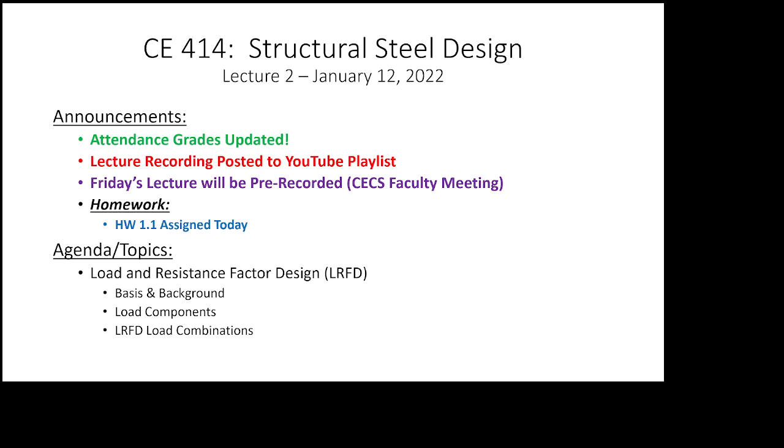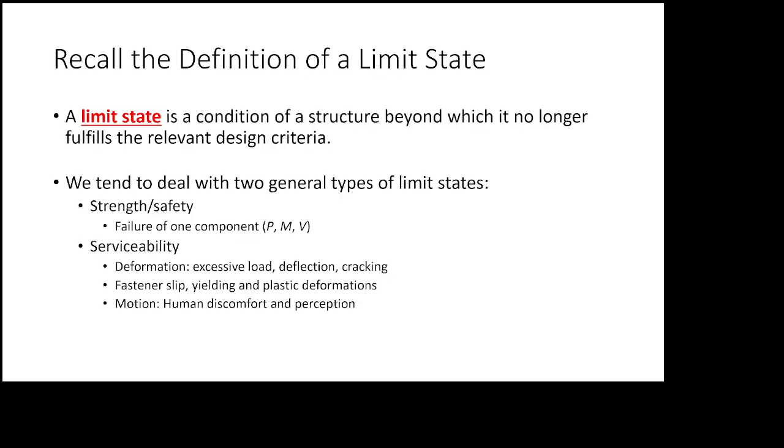All right, today I want to talk about breaking things. Let's talk a little bit about breaking things. In order to discuss this, I want to recall the one term that we introduced during the last lecture, and that term was this concept of a limit state. A limit state is a condition that we as engineers define that we want our structures to achieve.